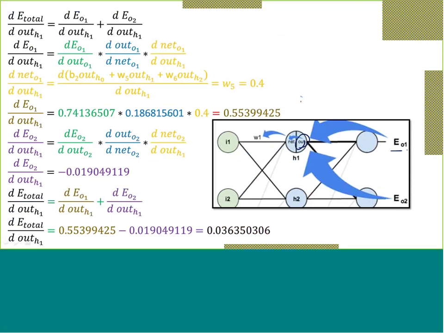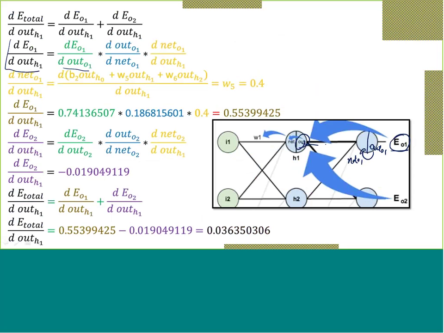I am differentiating EO1 with out O1, then out O1 with net O1, and then net O1 with out H1.